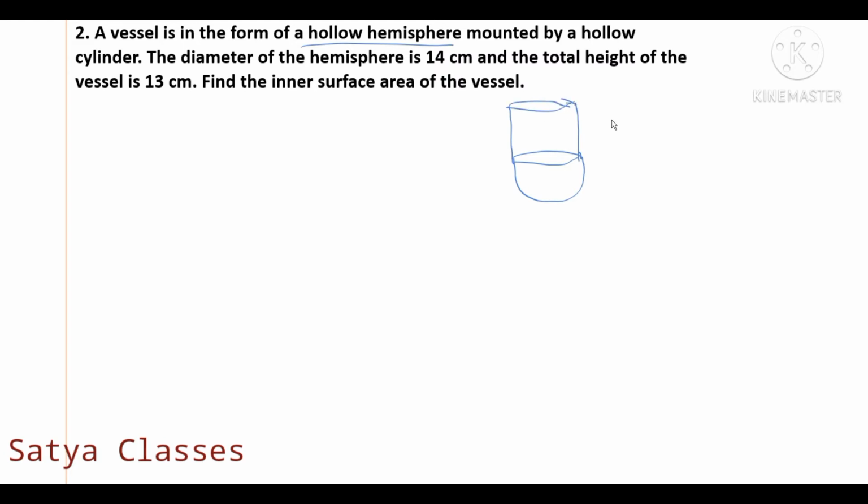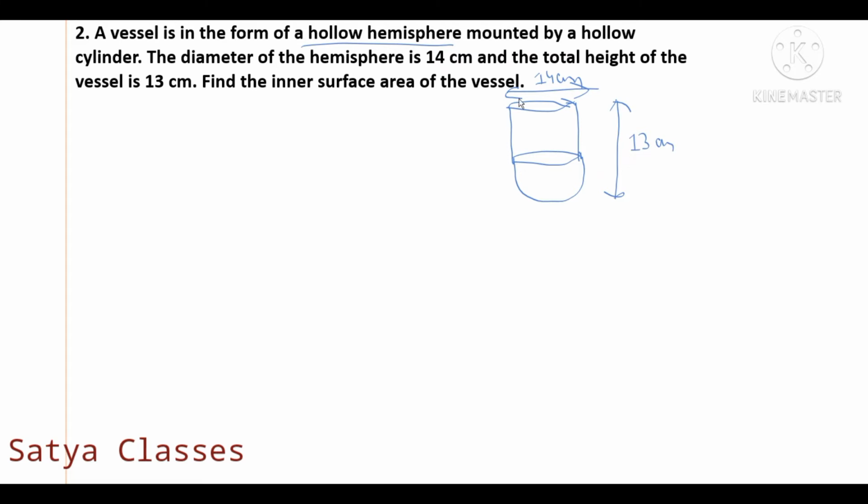So this is the cylinder. Now the diameter of the hemisphere is 14 centimeter. Since both have the same diameter, we can write it as 14 centimeter, and the total height of the vessel is 13 centimeter. This is the total height, 13 centimeter.